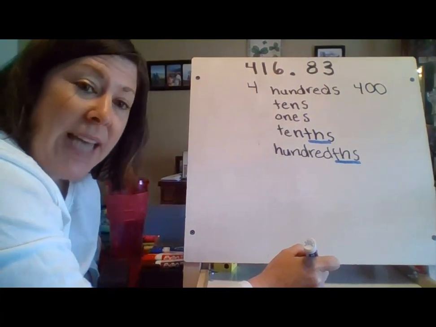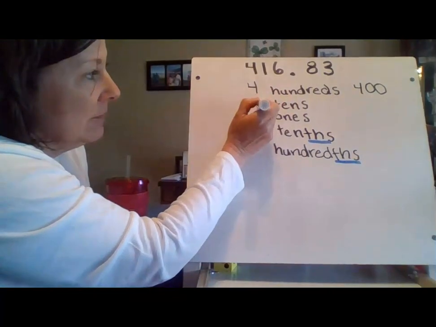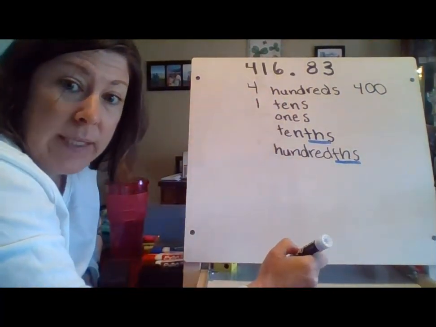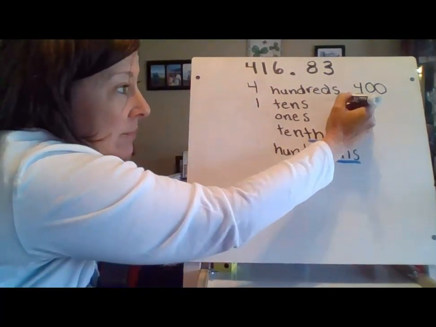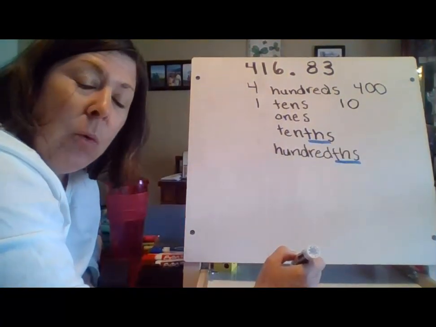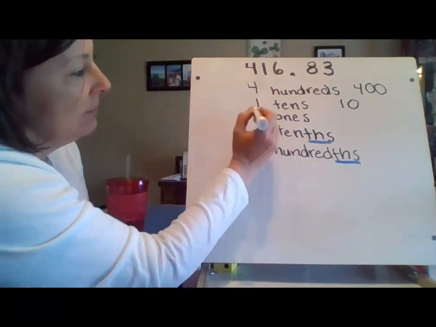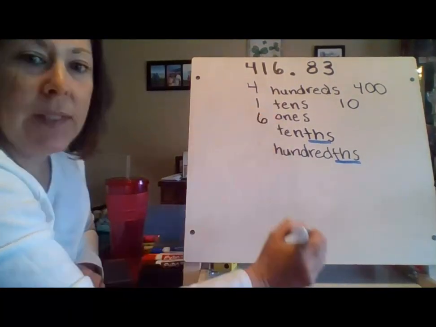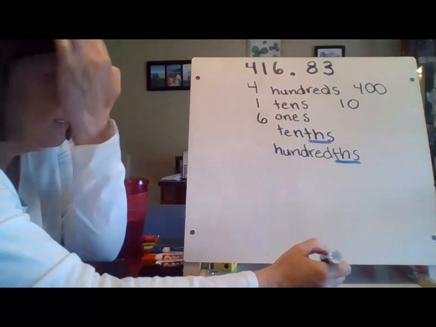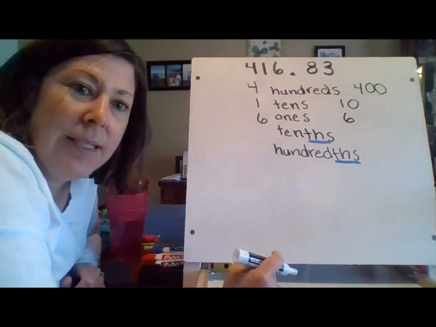What digit is in the tens place? The 1. 1 ten is just 10. Which digit is in the ones place? And 6 ones is simply 6.